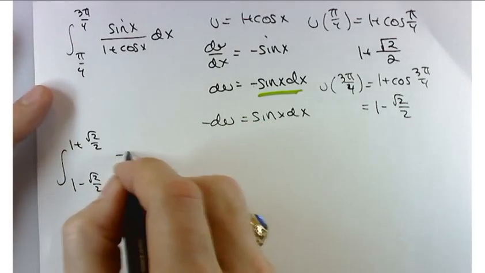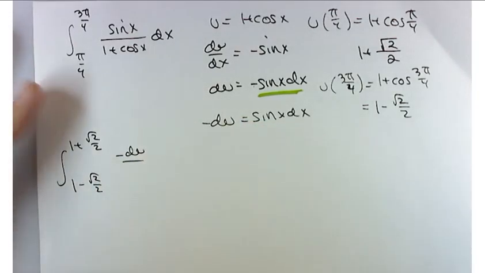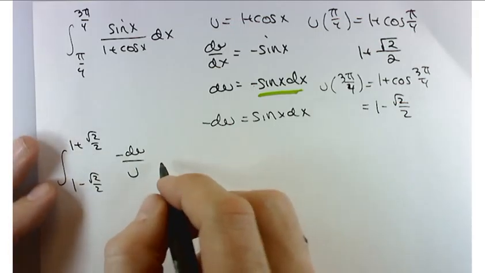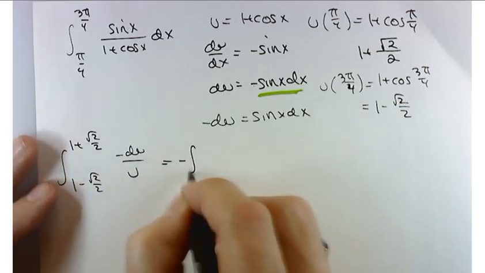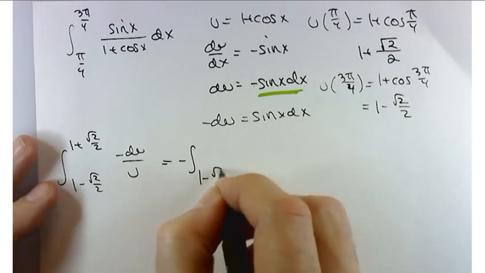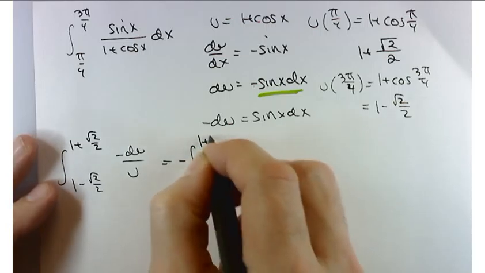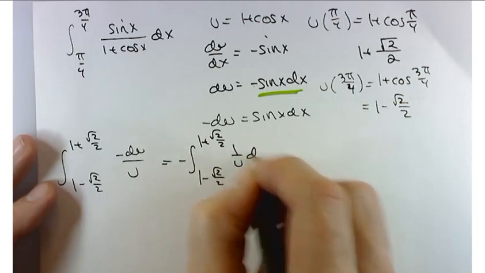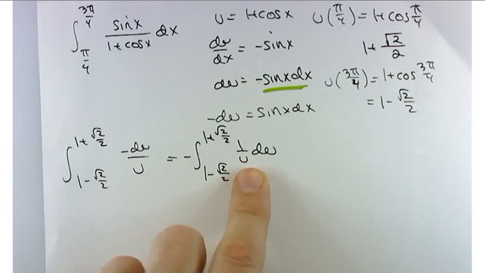So it's going to be minus du over u. Well, that's not too bad. We can take the negative out in front if you want. Negative, 1 minus root 2 over 2 to 1 plus root 2 over 2, 1 over u du. And that's just going to integrate as the log.